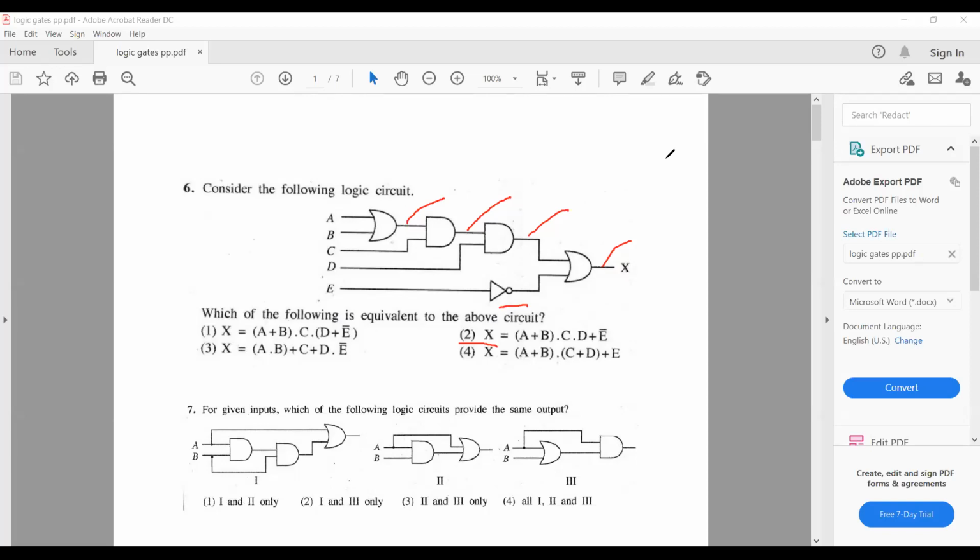Here it is asking, for the given input, which of the following logic circuits provides the same output? There you may be confused, and you can use different methods, but I think it's better to give inputs and check.